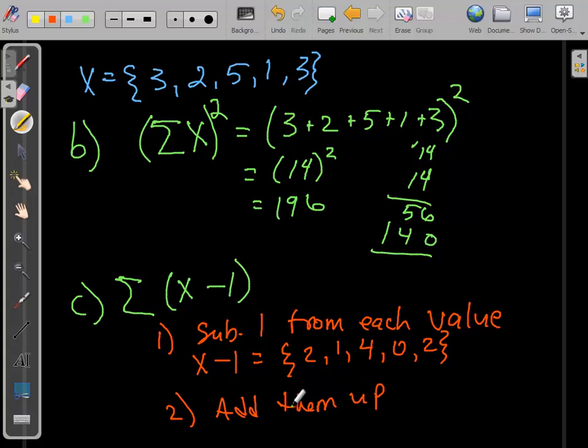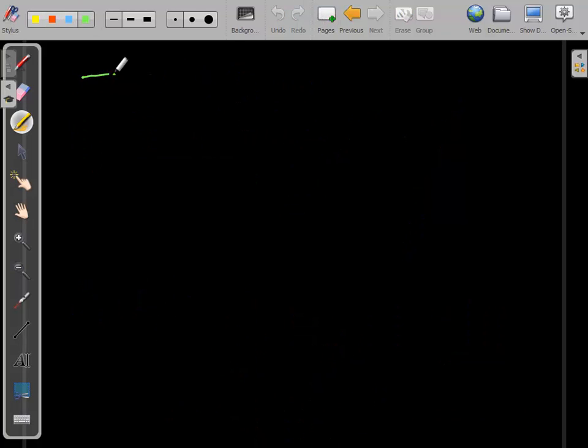So we have the sum of x minus 1 is equal to 2 plus 1 plus 4 plus 0 plus 2. So 2 and 2, 4, 5, 9. Okay, now notice in part D it gives you a little bit different expression. It says the sum of, and it denotes parentheses x minus 1 and then squared.